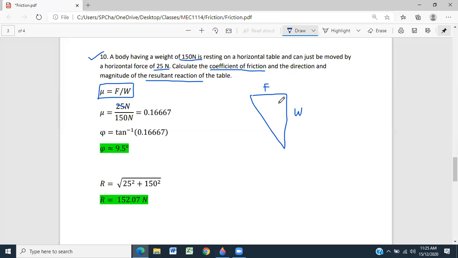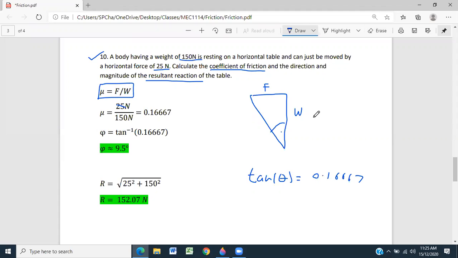W, coefficient of friction, finding theta: tan theta is equal to the coefficient of friction, F divided by W, so 0.16667.